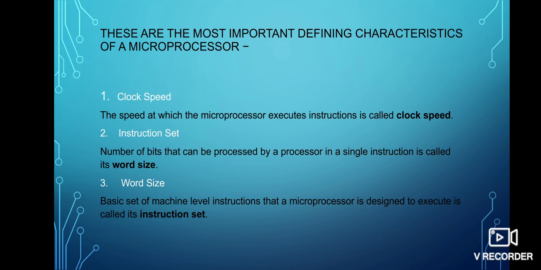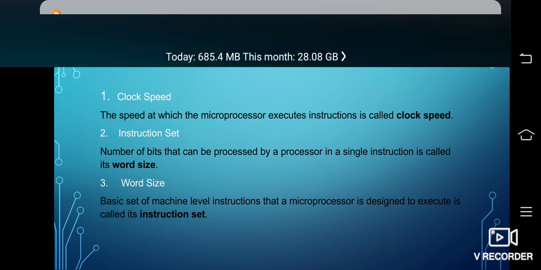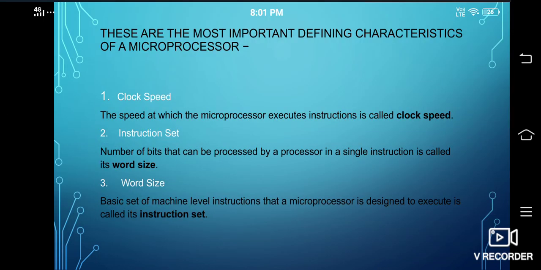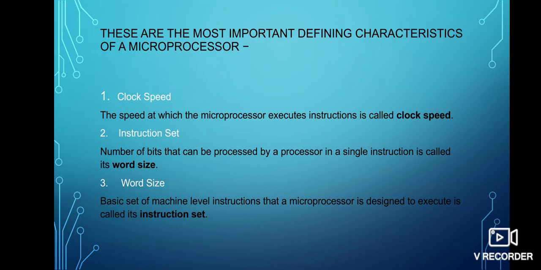These are the most important defining characteristics of a microprocessor. First is clock speed. The speed at which the microprocessor executes instructions is called clock speed.